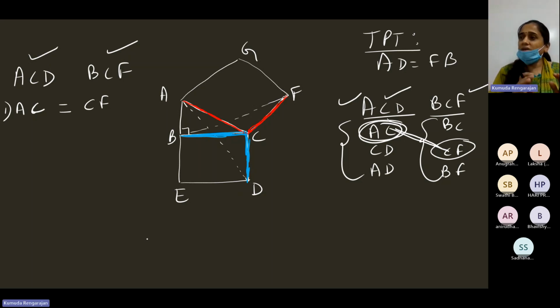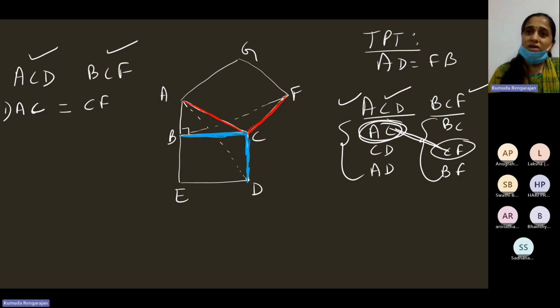I'm trying to say that we are writing a side of the first triangle is equal to a side of the second triangle. If you simply write two sides are equal, that's not a valid equality. Those two sides may be equal, but you cannot write any two sides. You have taken two triangles. Each of the triangles will have only three sides.